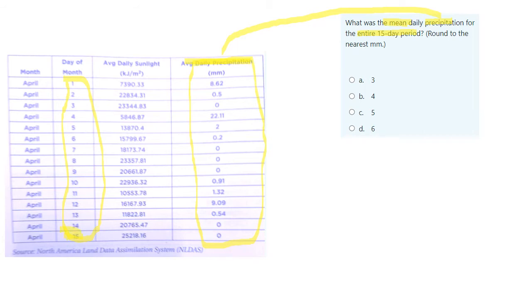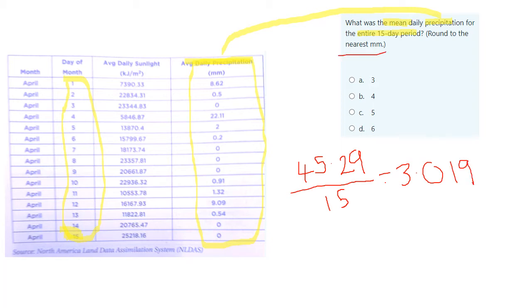If you add together all of the numbers, you will get 45.29. If you then divide that by 15, you get 3.019.